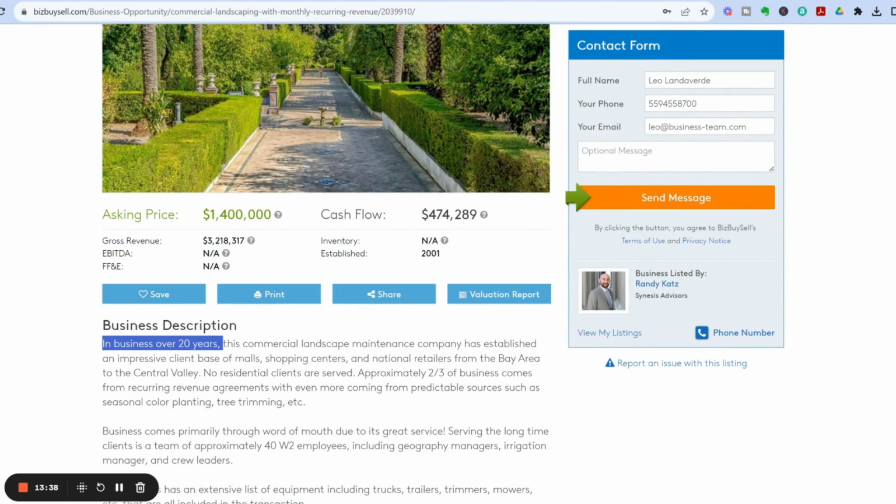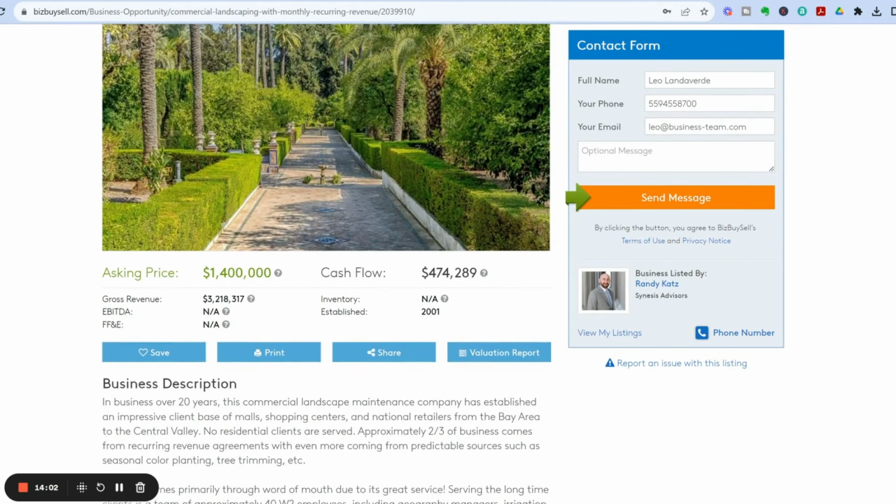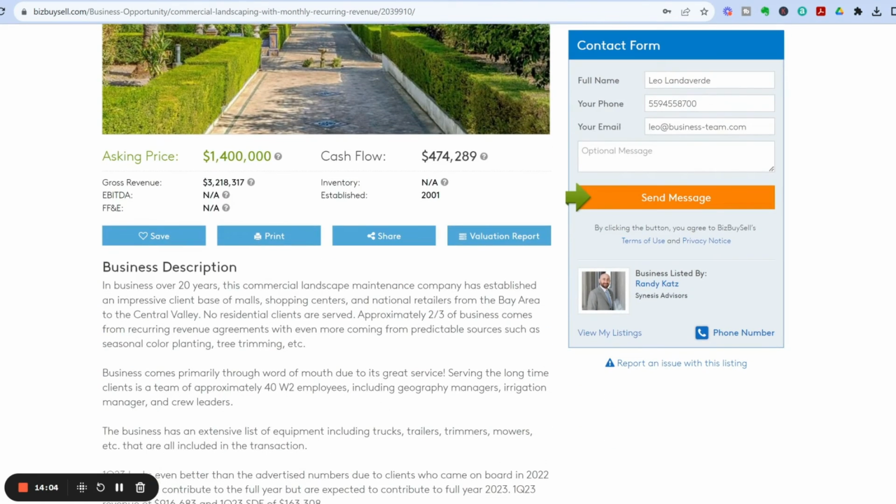Impressive client base, Bay Area to the Central Valley, no residential clients. A lot of lenders are having issues with the residential portion of a business. I know it's happening a lot in construction. So the fact that they have no residential clients, wow, it's all commercial. It's even more resistant to change. Commercial clients tend to stick around longer. They're not as fickle as residential are.